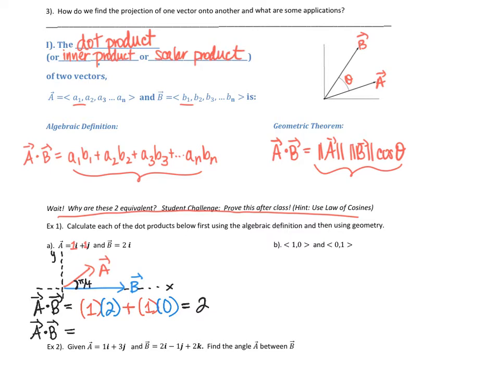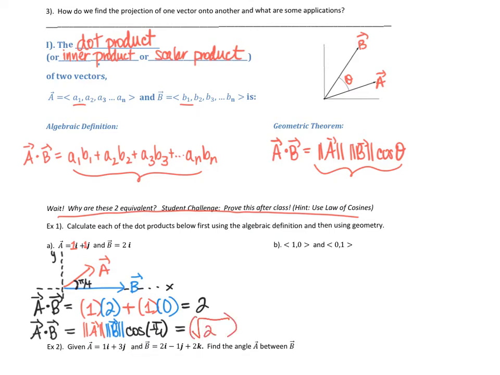In this case, we can do the magnitude of A times the magnitude of B times the cosine of the angle between them, cosine of pi over 4. Okay, and let's calculate each of these. So the magnitude of A, that's the length of this vector. That's going to be the square root of 1 squared plus 1 squared, so square root of 2.